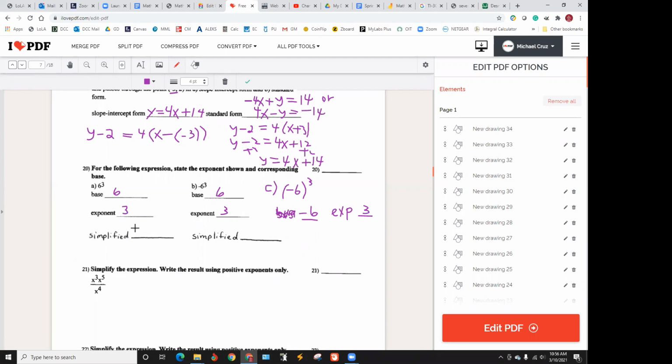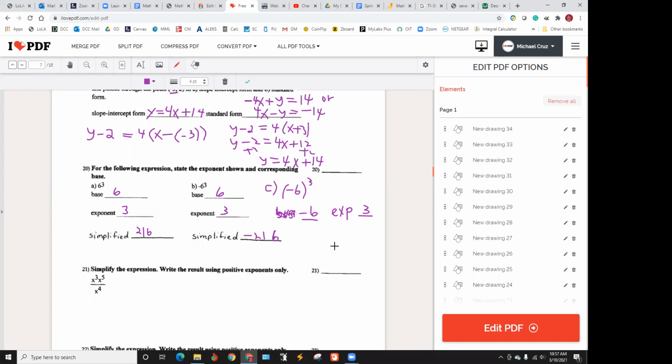So 6 cubed is what? Boy, my brain's not working too well this morning. 36 times 6. It's going to be 216. And this one is going to be negative 216, because that negative sign just assures that whatever comes out gets negated.